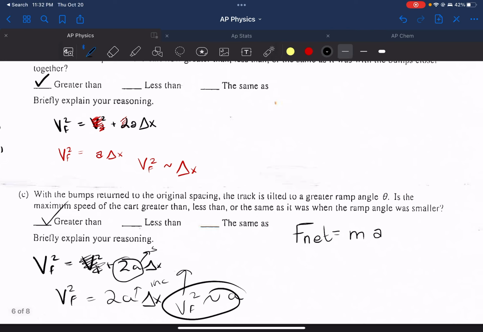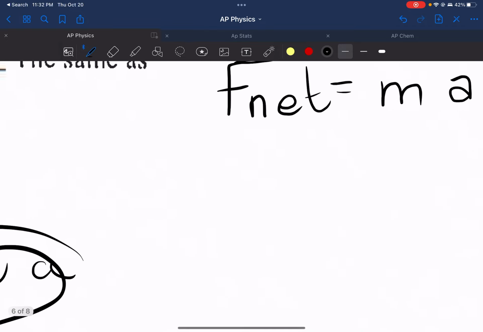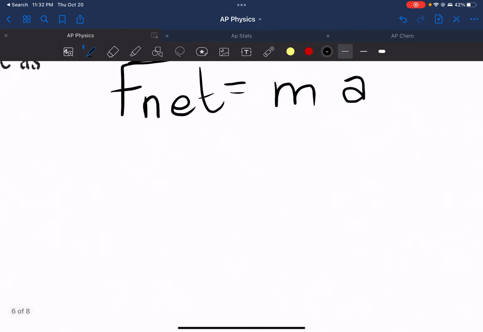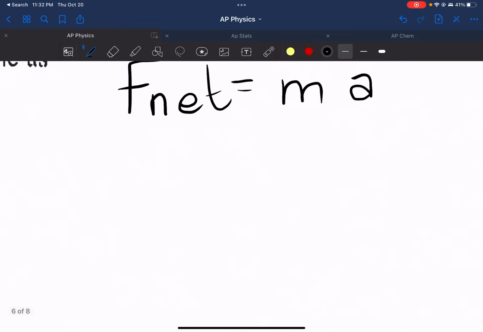And when we think of this, we have to think of what it really looks like when you're increasing the angle, right? So let's say this is my original angle theta, right? And here's my box.